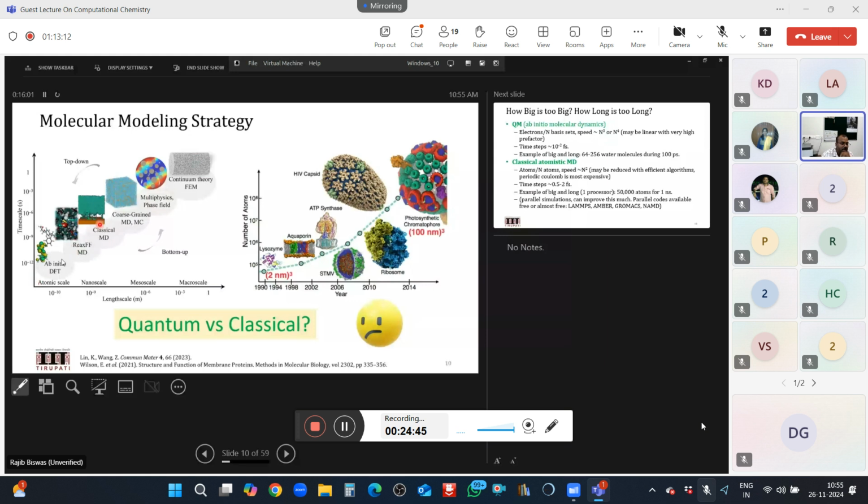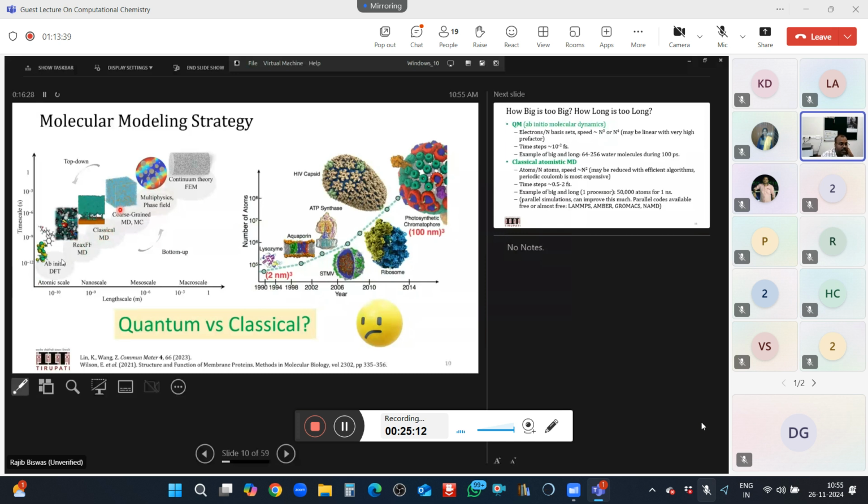And classical molecular dynamics, where all these electronic descriptions are gone and reactions are not allowed. Your molecules are just frozen molecules, or at maximum the bonds can vibrate using some harmonic or anharmonic description. There you can simulate millions or even billions of atoms at today's date, and you can go up to the microsecond time scale.